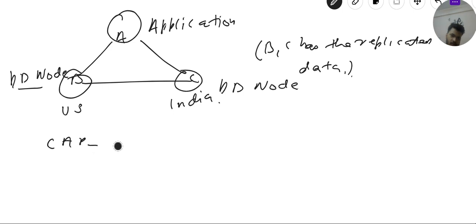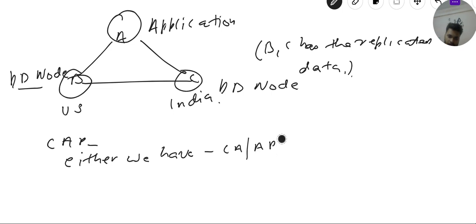Okay. Now, one more thing we study is that in CAP theorem, either we have consistency and availability, or availability and partition tolerance, or consistency and partition tolerance. Okay.